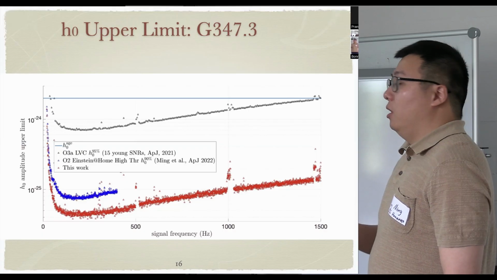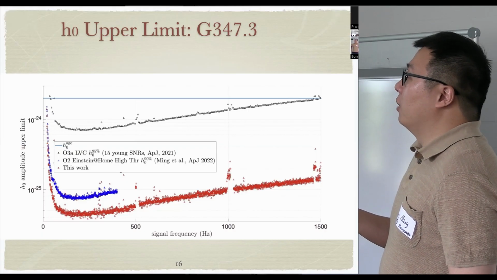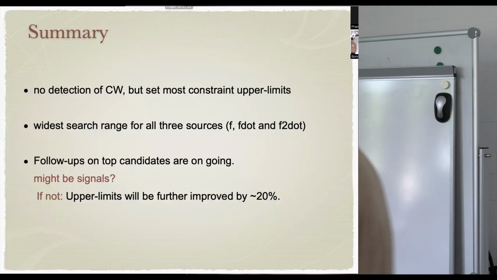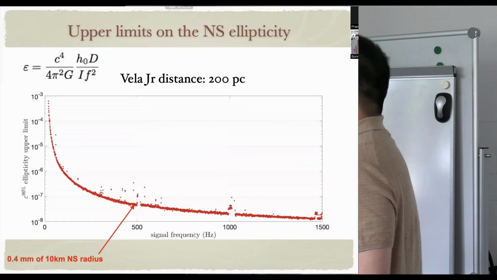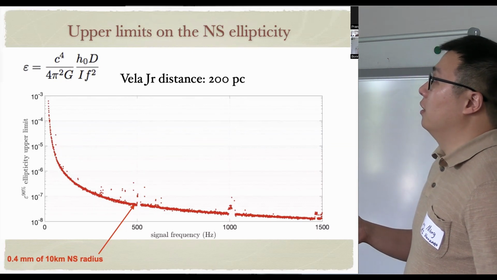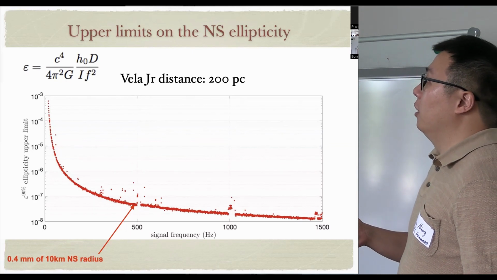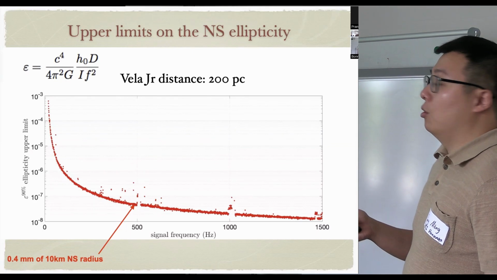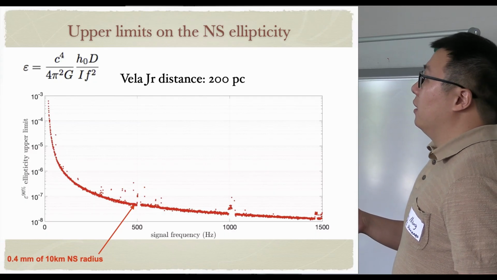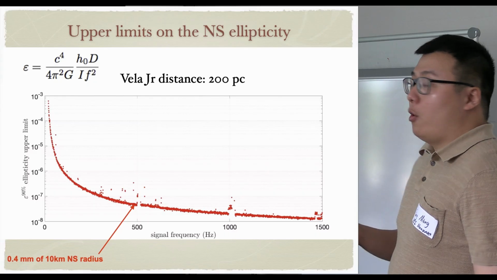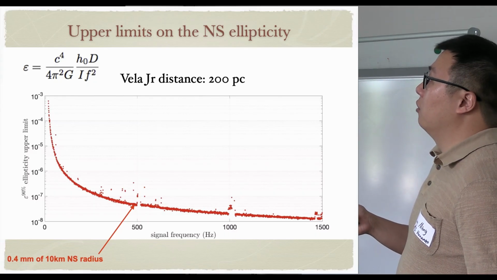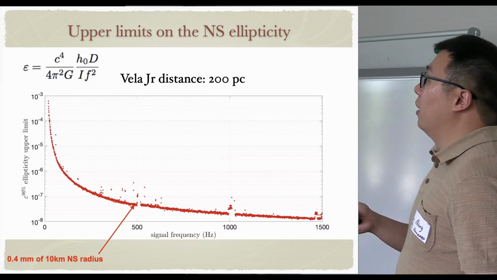So this might be kind of boring to you, so I will go to this. Like Ben said, we can translate the H0 upper limit to the upper limit on the neutron star ellipticity or deformation. We know that the supernova remnant Vela Jr. has a distance that might be as low as 200 parsecs.